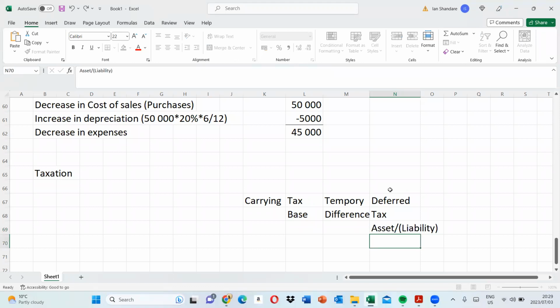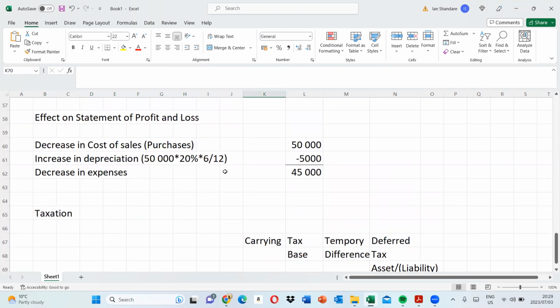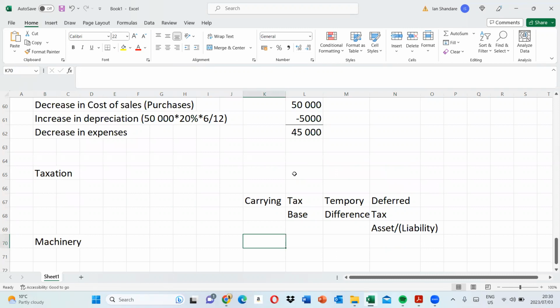So in this regard, we have machinery. We saw there the carrying amount of our machinery. We did the calculation. We saw that it's actually 45,000. We did work it out up there.